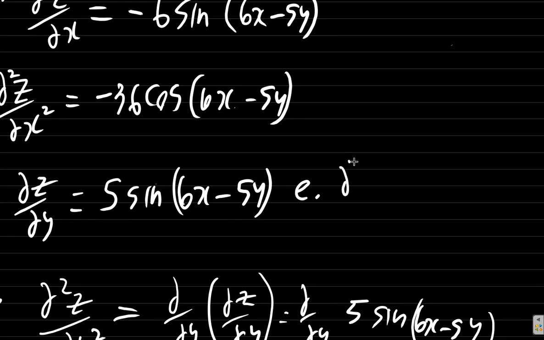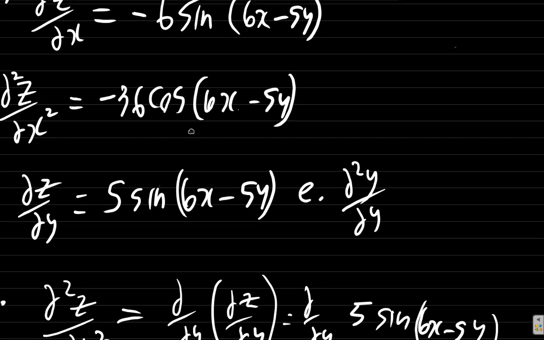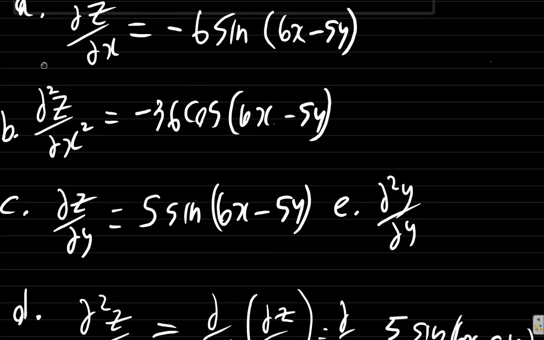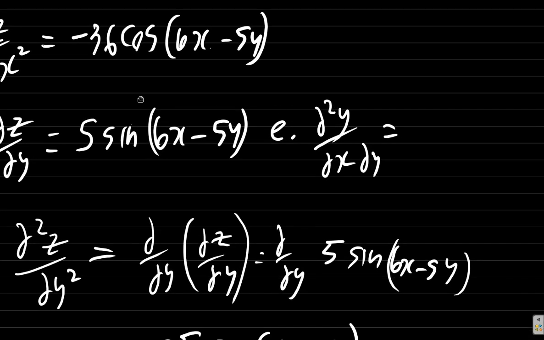Alright, so delta square z by delta x delta y would be equal to, what we want to do is find the delta by delta x of delta z by delta y.